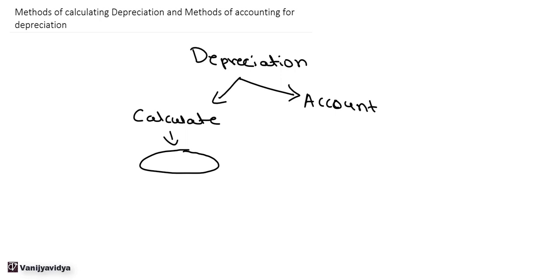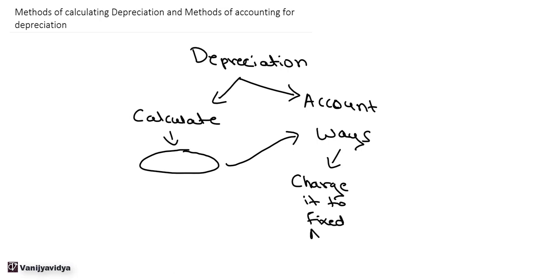Now this needs to be accounted in the books every year. Now for this we need to account the depreciation, and there are two ways in which we can account for depreciation. One is we can directly charge it to fixed asset, and the other is we can prepare a provision for depreciation account or accumulated depreciation account.